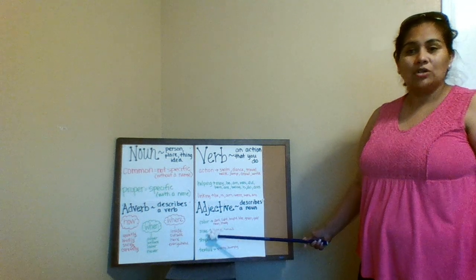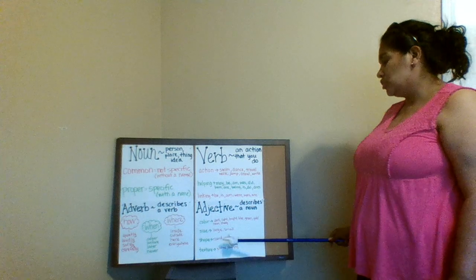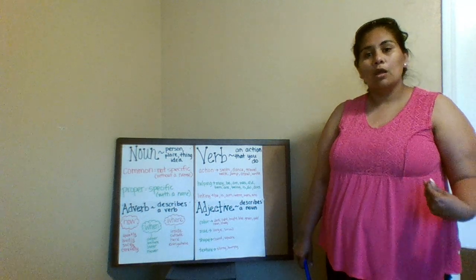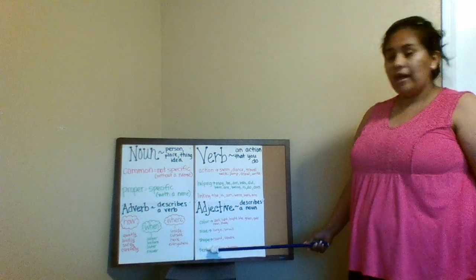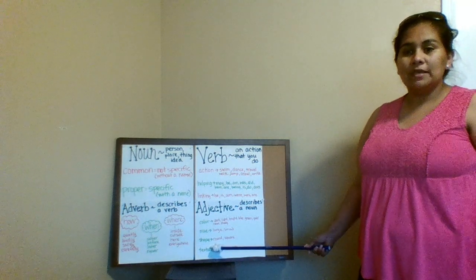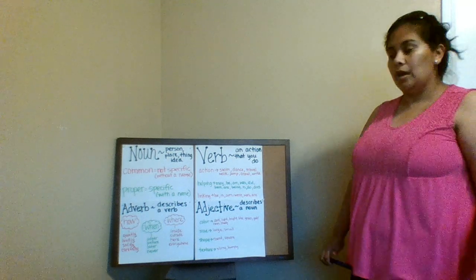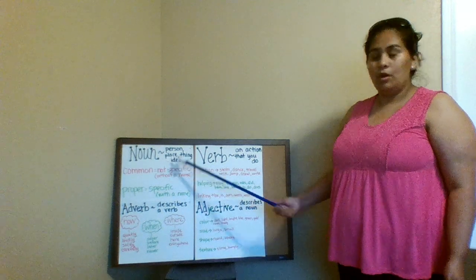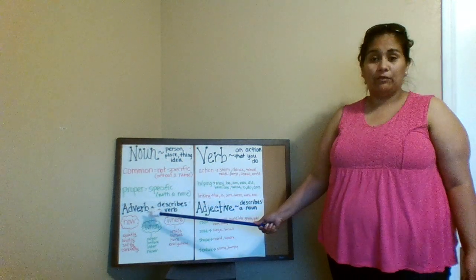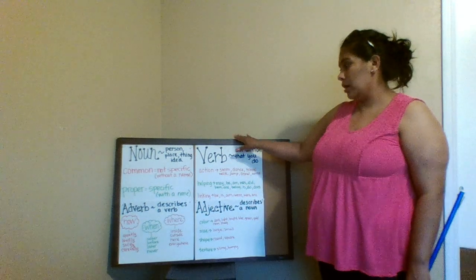Shape and size are actually 2 different categories for an adjective. Shape means more like square, round, rectangular. And then we have texture. Texture would be things like slimy or bumpy or slippery. So we have noun, verb, adverb, and adjective. We're going to move on to 4 more.